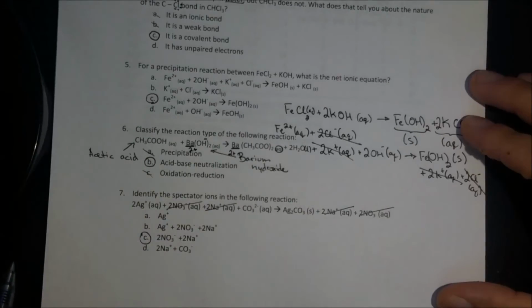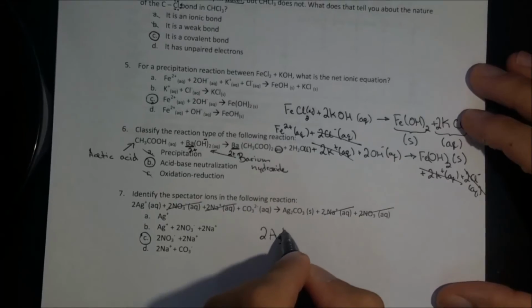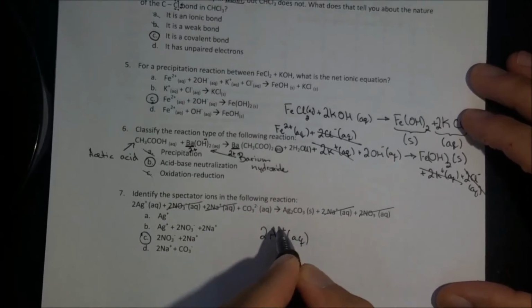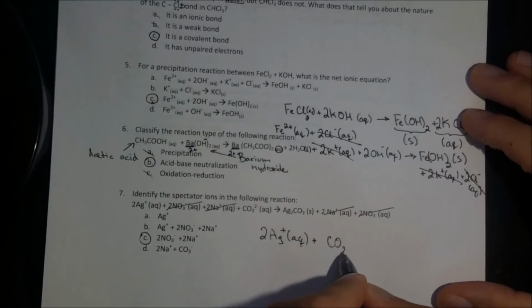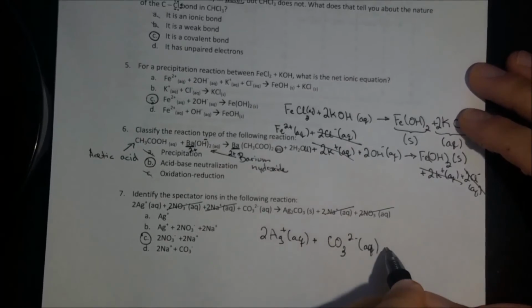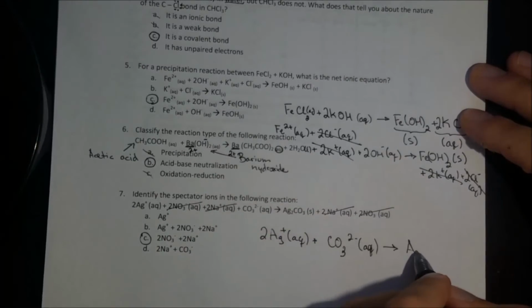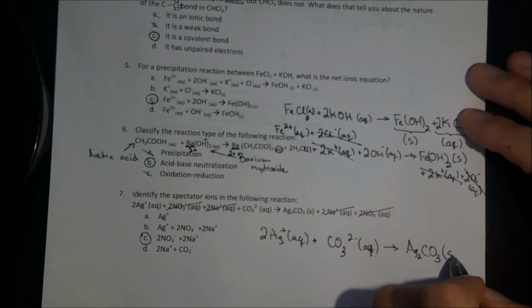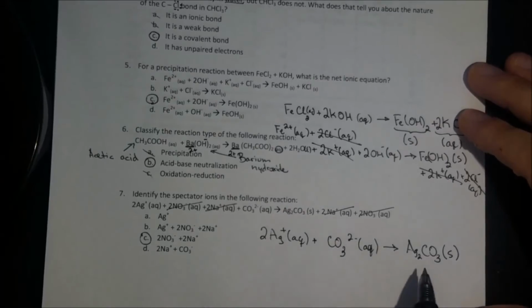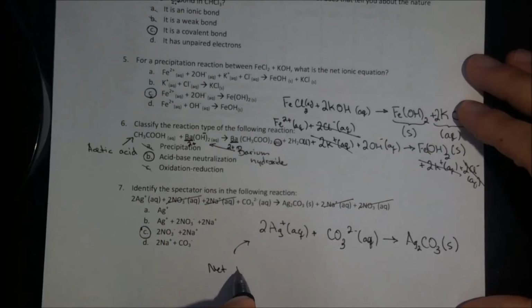If we wanted to write the net ionic equation for this, then that would just be 2 silver ions in the aqueous form plus a carbonate ion, also aqueous, and that's going to react and form the precipitate silver carbonate in the solid form. Okay, and those are the ones that don't cancel. So this right here is what we will call our net ionic equation.